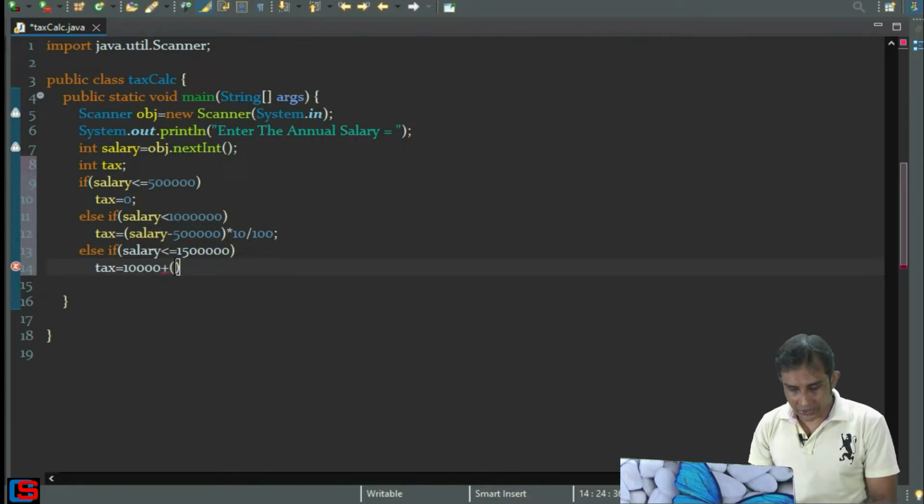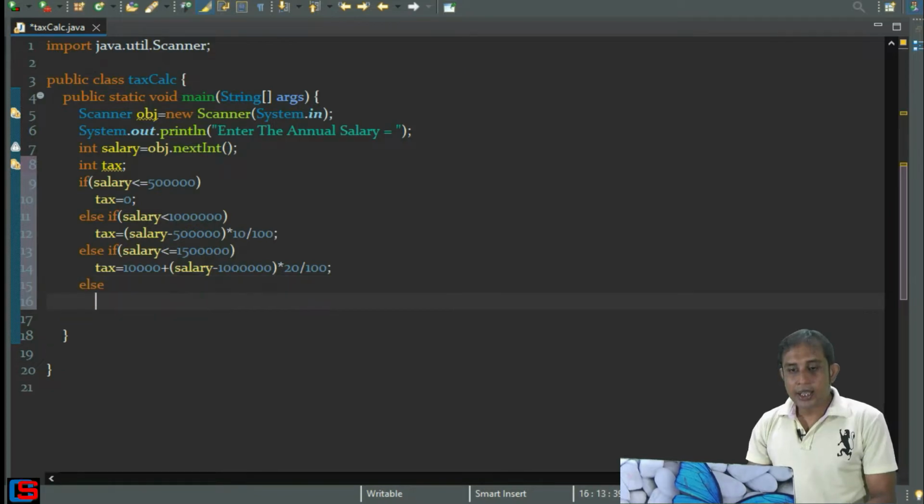So salary minus 10 lakhs, into 20%. So this is the tax amount.